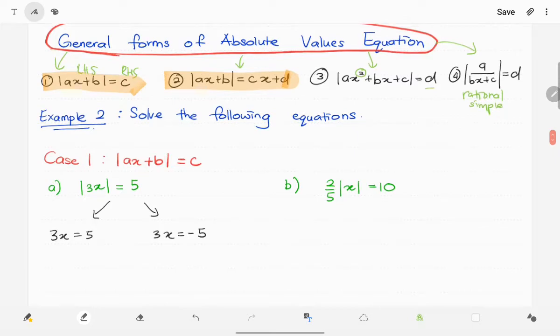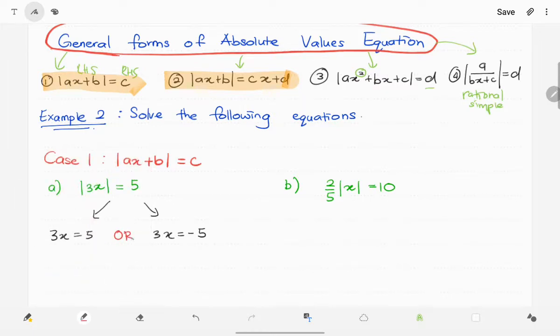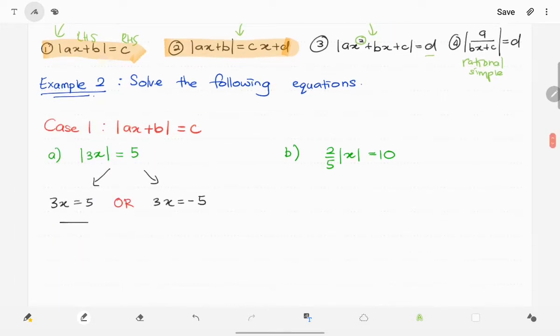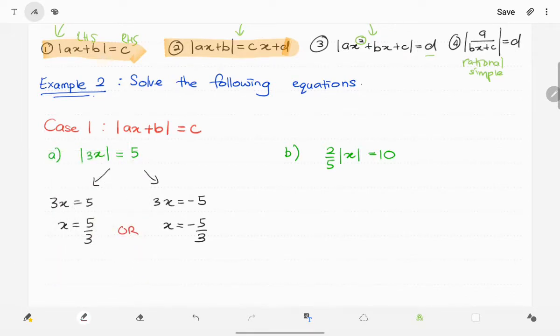So we have 3x equals 5 or 3x equals negative 5. Then you solve: x equals 5 over 3, or x equals negative 5 over 3. So you have two answers here: x equals 5 over 3 or x equals negative 5 over 3. You need to put "or" here. It's mandatory because we have two answers, either 5/3 or -5/3.